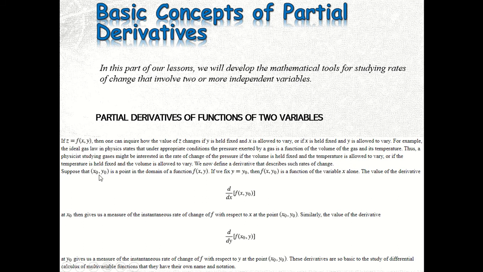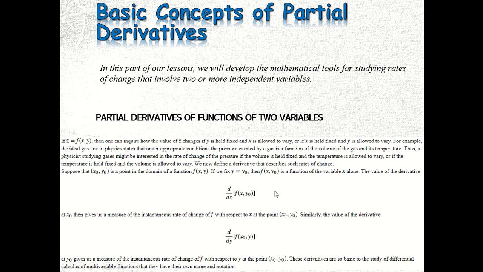Suppose that (x sub 0, y sub 0) is the coordinates of a point in the domain of a function f of x and y. If we fix y and let y equal y sub 0, then f of x and y sub 0 is a function of the variable x alone.